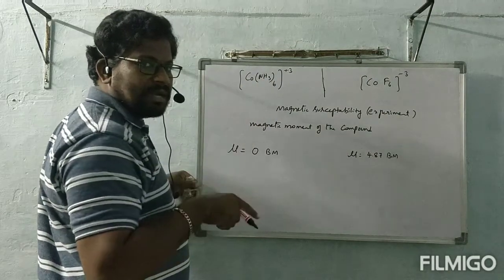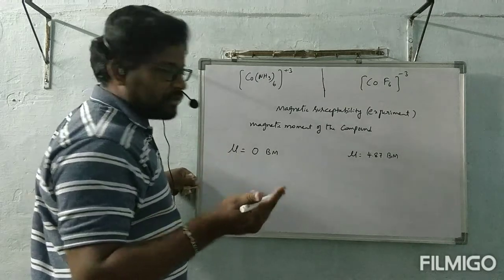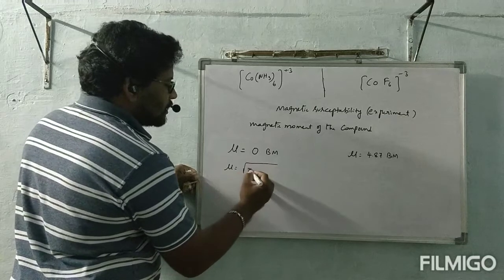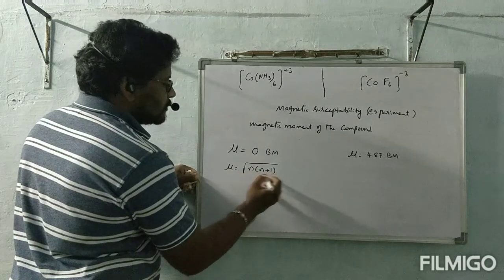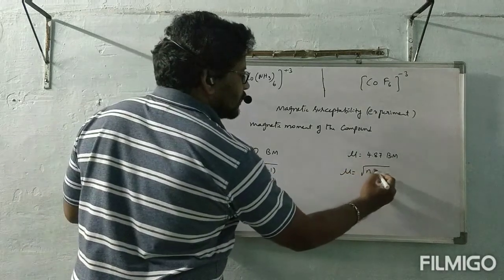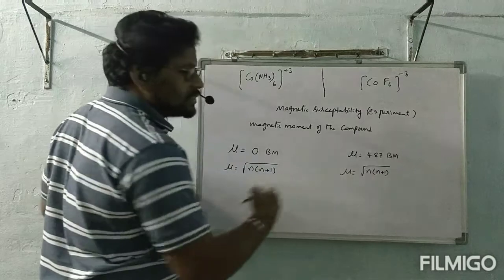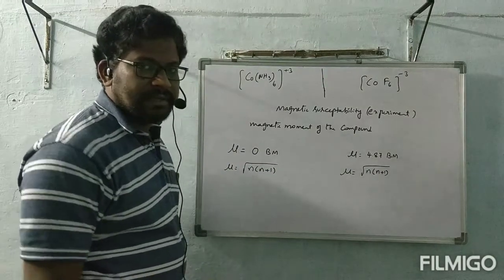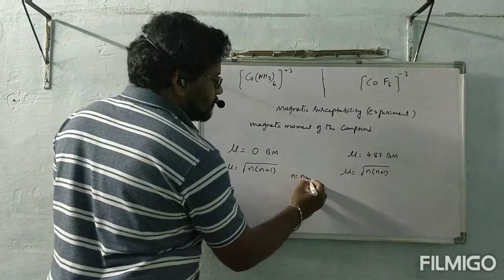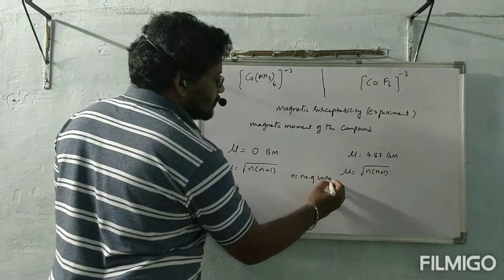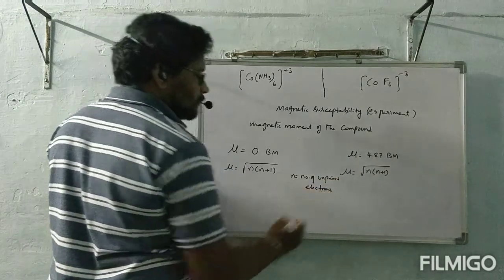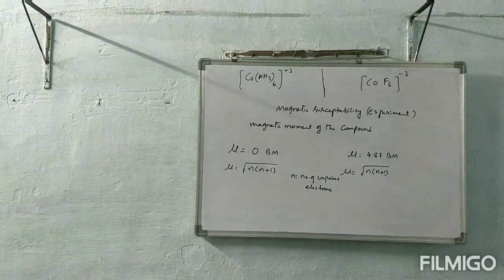And one more formula is there, that is mu is equal to root of n into n plus 1, which was derived by scientists theoretically, where n is called the number of unpaired electrons.